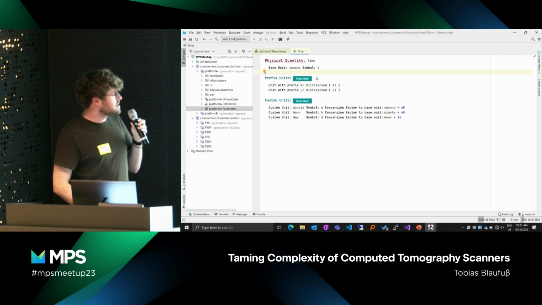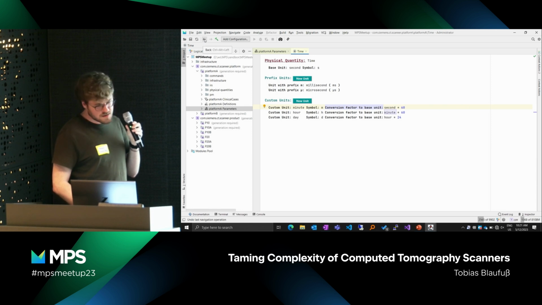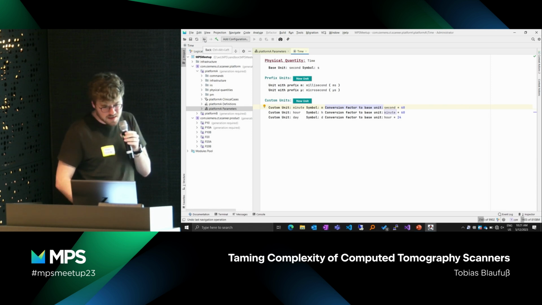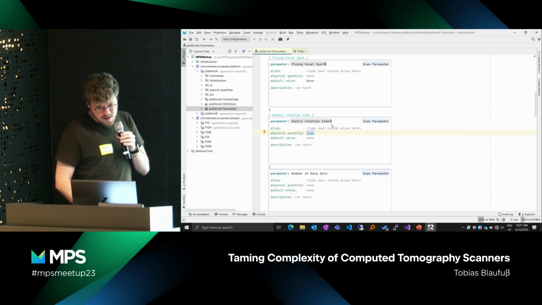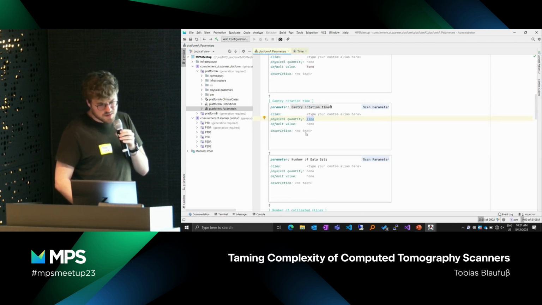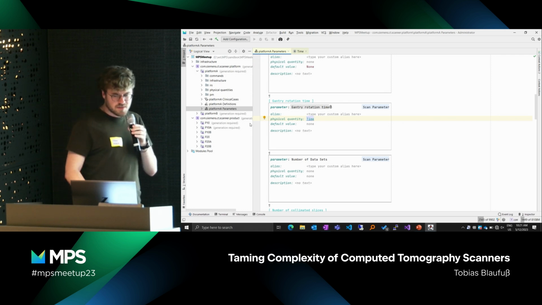So with a base unit and millisecond and also some special ones, you can also combine these units to have something like acceleration or speed in this case. Default value and description.